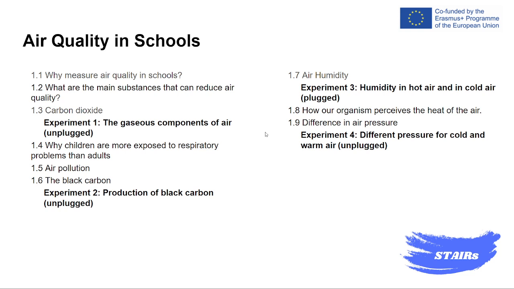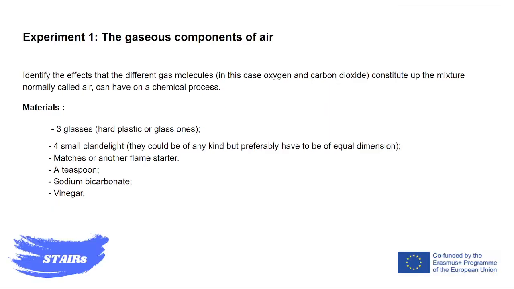We will start from the first one, the gaseous components of air, and in the following videos we will explain the other ones. The first experiment will help us to understand that air is made of different gaseous components, and each one has different characteristics.